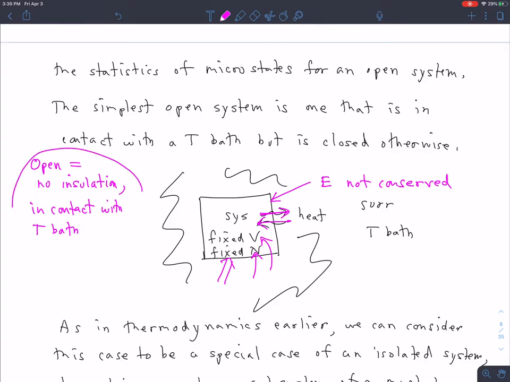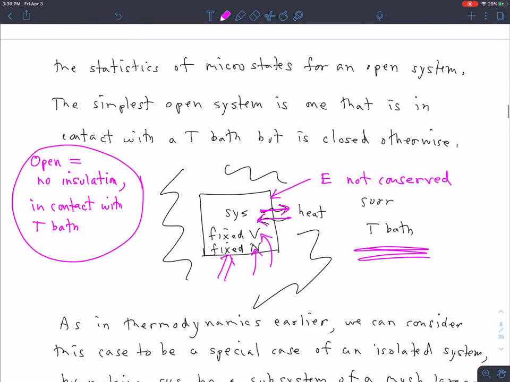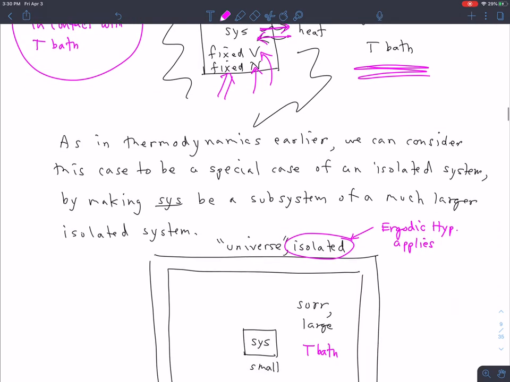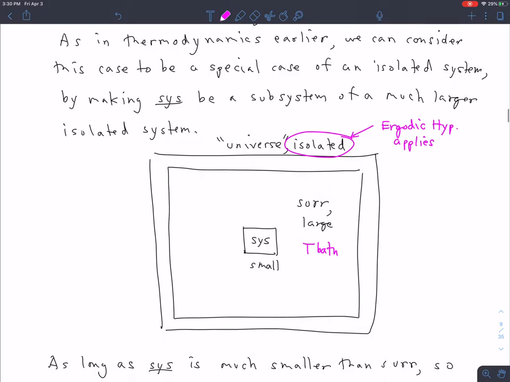So no insulation, and we're going to assume from this point on, as we always have in the past in thermodynamics, that the surroundings act as a temperature bath as well. How can we do that? Well, the ergodic hypothesis only applies if we have an isolated system, but we can also, just like we did in thermodynamics, always consider the rest of the universe to be isolated.